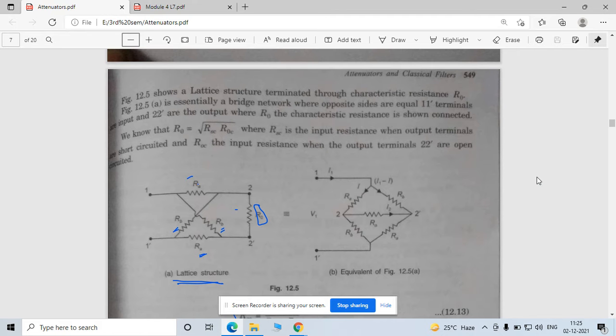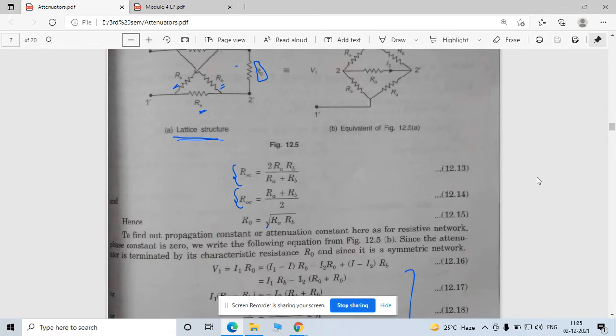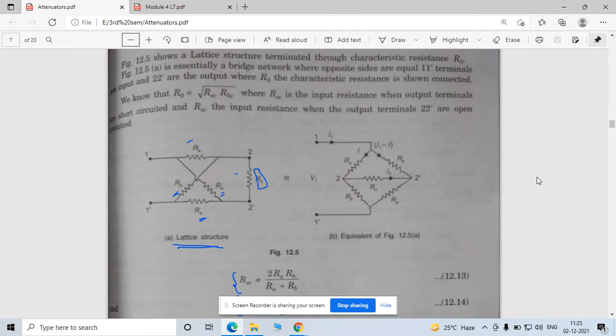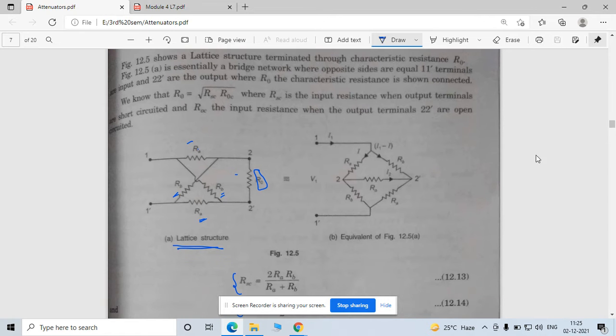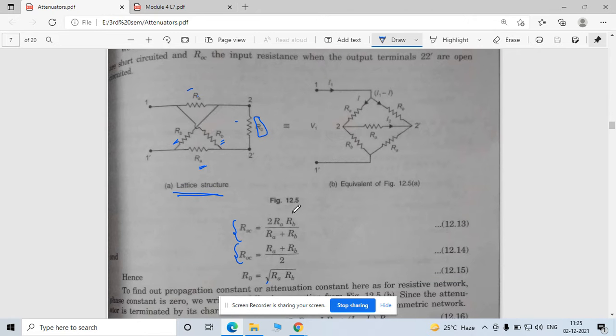Yes friends, now this is your lattice circuit, and for matching the impedance you have to find this resistance, which is equal to your output terminal.